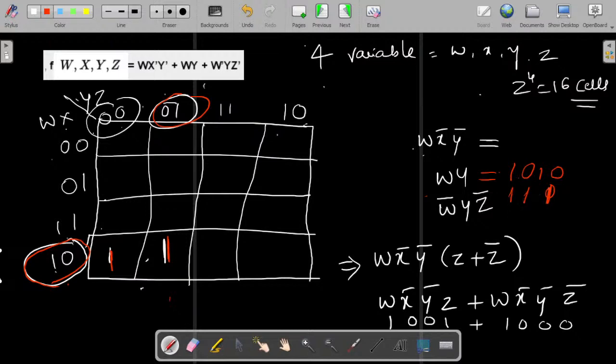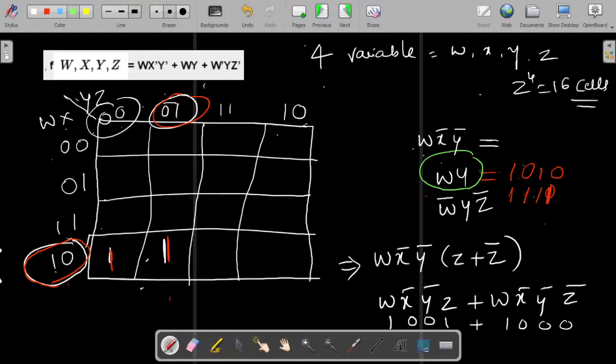So likewise here we need to think 1 0 1 0. For w y, w is 1 and y is 1, and x and z are missing.